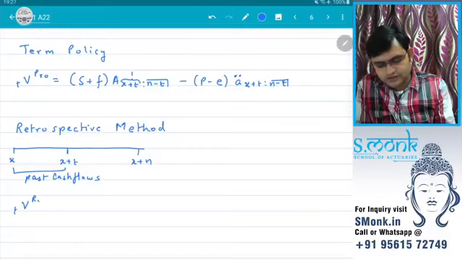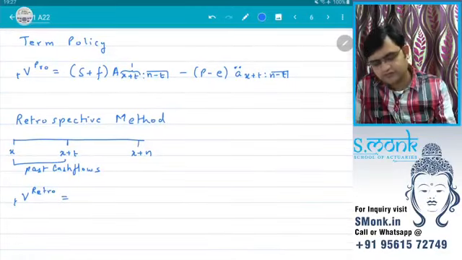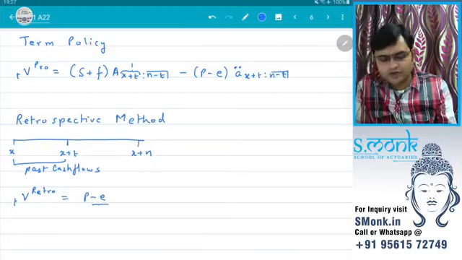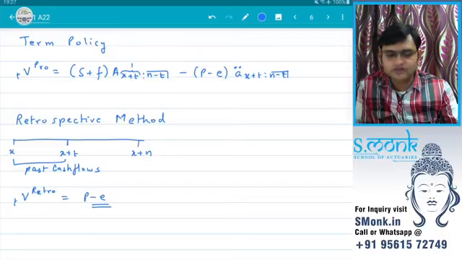We'll say retrospective past cash flows. So we'll say premium, so P minus E. Now depending on whether your expenses were done even in the first year or not, it depends on that.